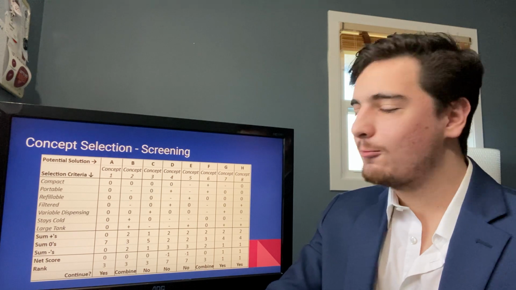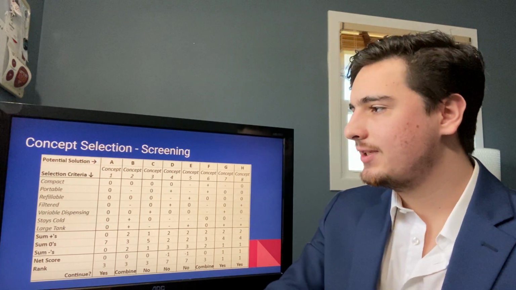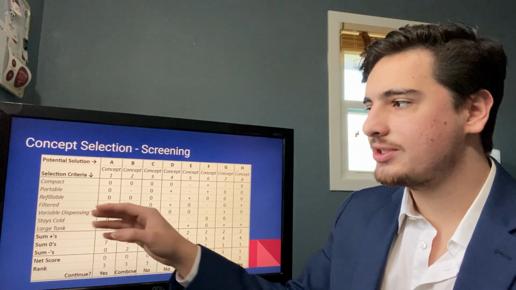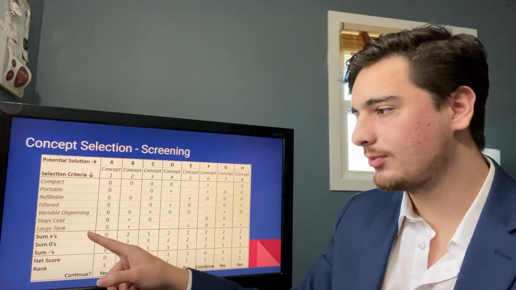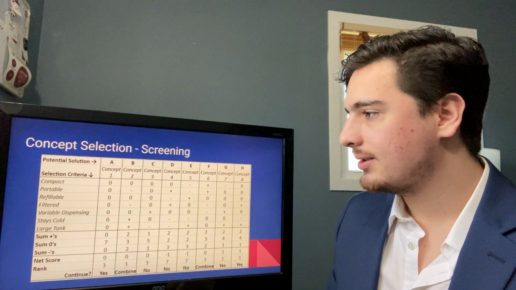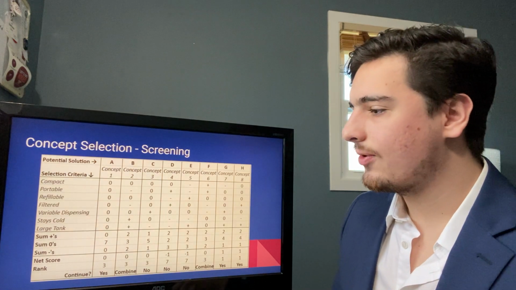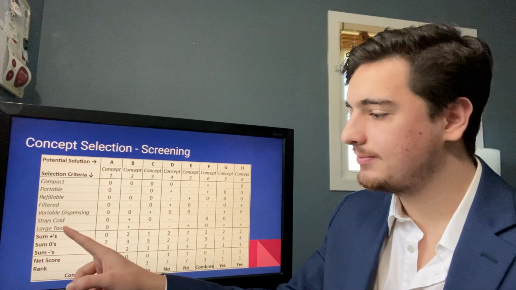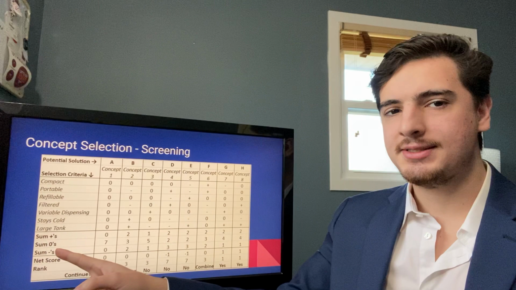For selecting one of these concepts, we gave each one a score based on different criteria that we came up with, and the score was based on pluses, zeros, or minuses.